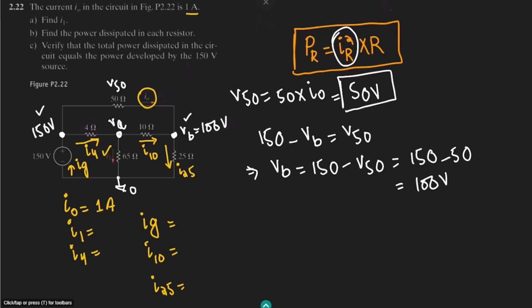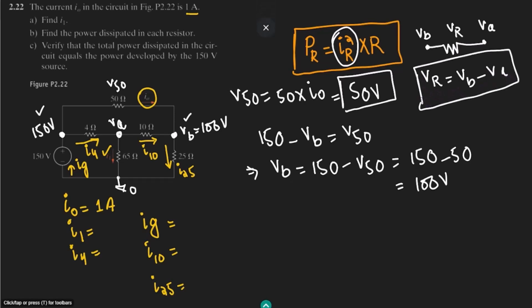Because this is the potential difference. If we have a resistor with VB on one side and VA on the other, the voltage across the resistor is VR equals VB minus VA. That is the potential difference formula, which I have applied in this branch. So this is 100 volts and this is already known.